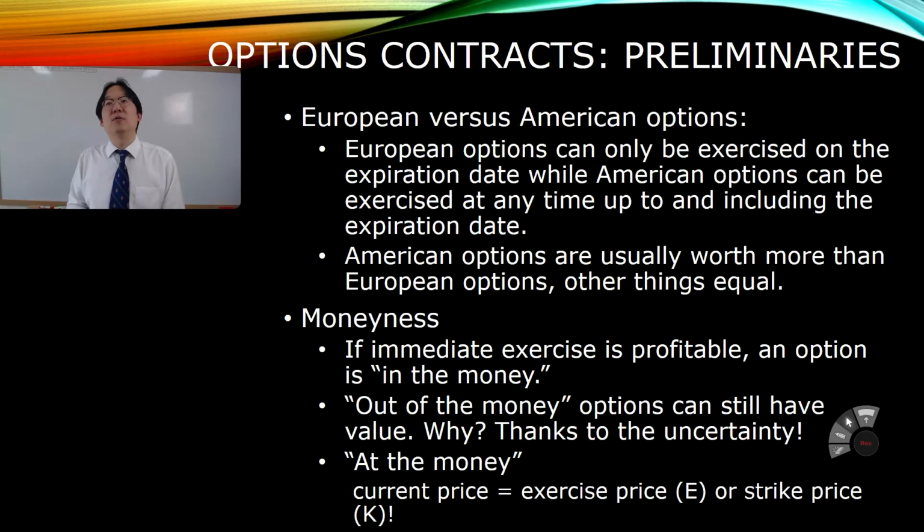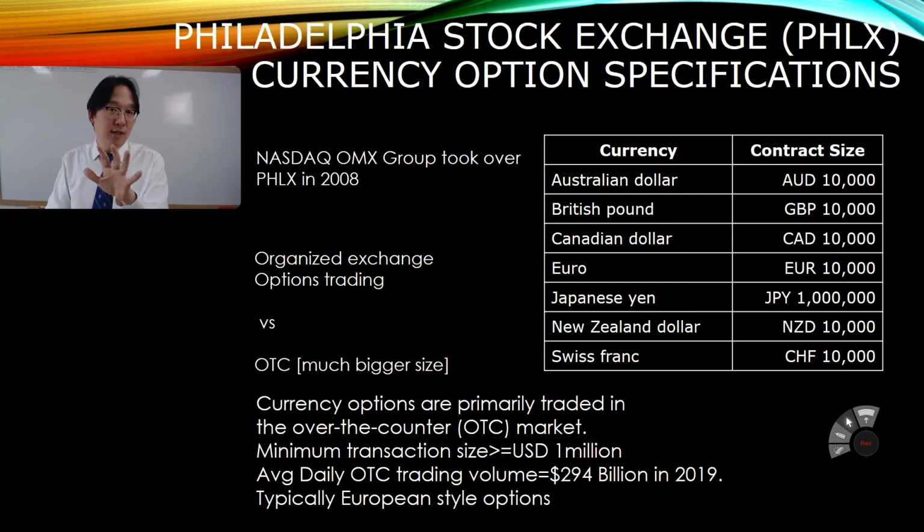Even if you're deep out of the money, the price is always something positive. Why? Because there's always a slight chance that some extreme event may happen, so that you may end up in the money. That's why uncertainty or risk becomes your friend. We're going to talk about that a handful of slides later. Wait for that.